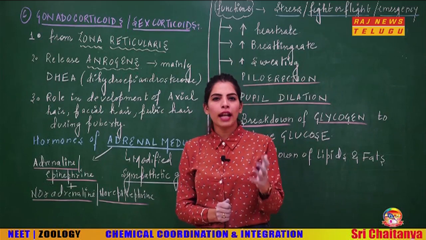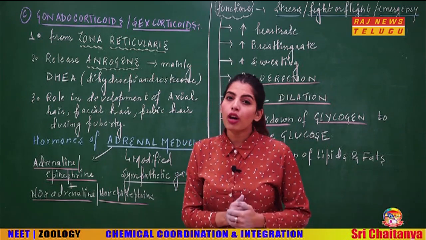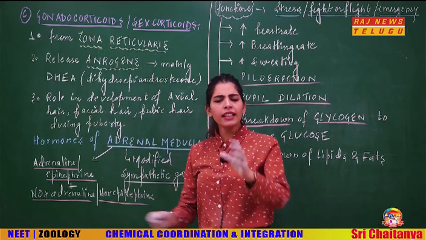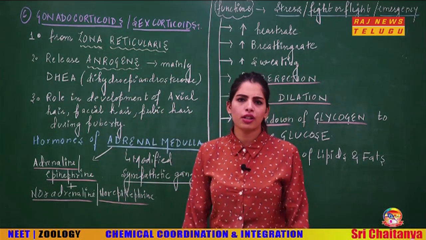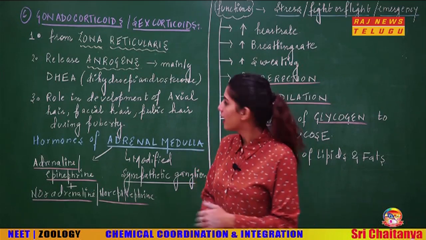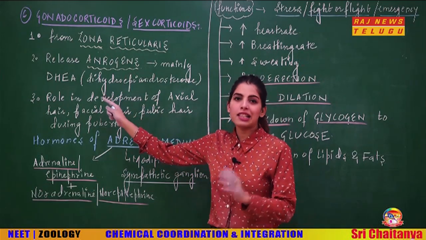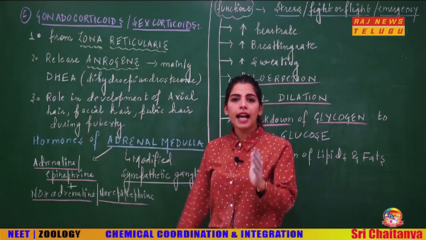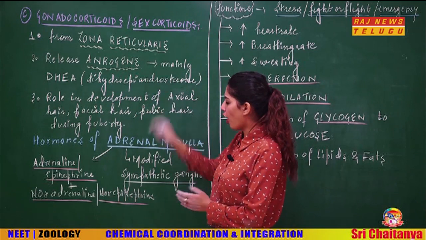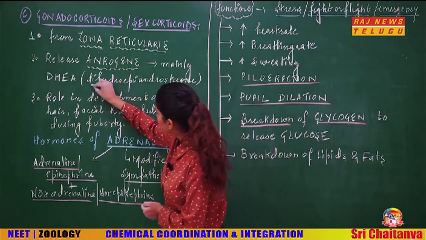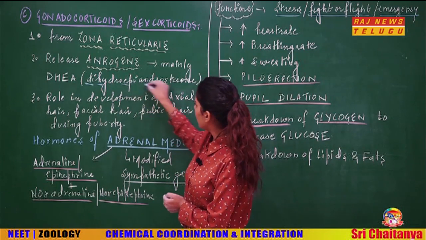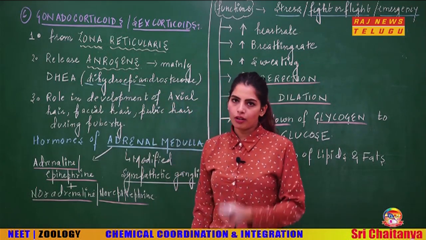Now, what is this gonadocorticoid? The gonadocorticoids are the androgens. And in the androgens, you know that testosterone is also an androgen. But the major androgen released in this case is DHEA, which stands for dihydroepiandrosterone.